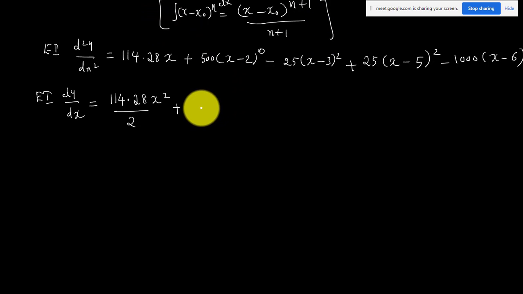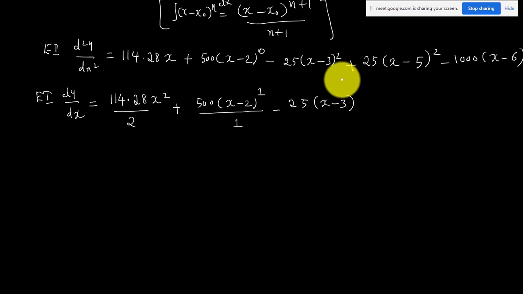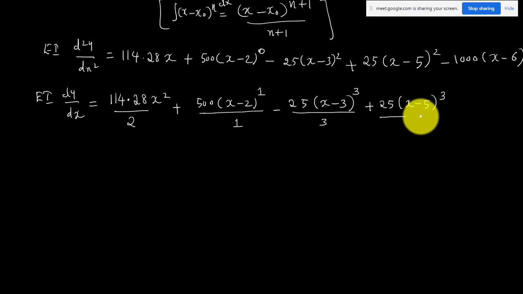Based on this we can write: 114.28 x square by 2, plus 500 into (x minus 2) to the power 0 plus 1, that is 1, divided by 1, minus 25 into (x minus 3) to the power 2 plus 1, that is 3, divided by 3, plus 25 (x minus 5) cube by 3, minus 1000 (x minus 6) power 2 by 2.